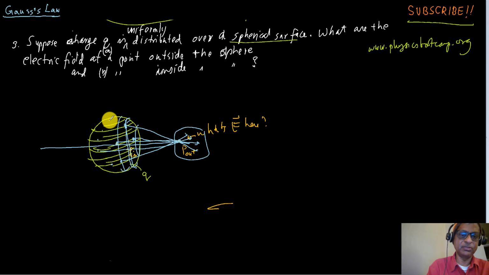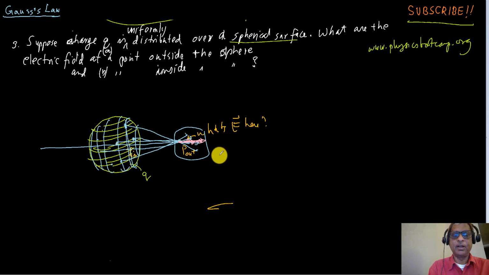From each one of the rings you're going to have electric field in this direction, and then all the rings will kind of add up, right? So it's going to be straight out like that.